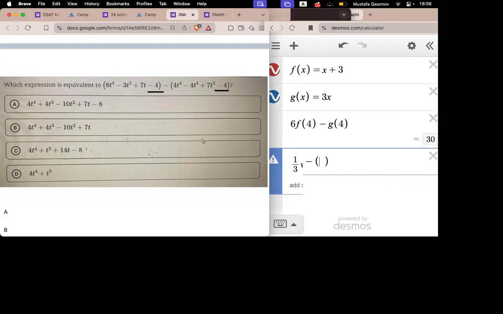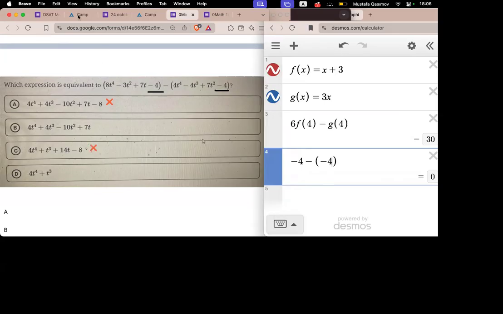So it is not A, it is not C. Then we have to look at the difference between B and D. The difference between B and D is the cube part, right? We have negative for t cubed, and we have another negative here, so it will be positive for t cubed. Answer is B.